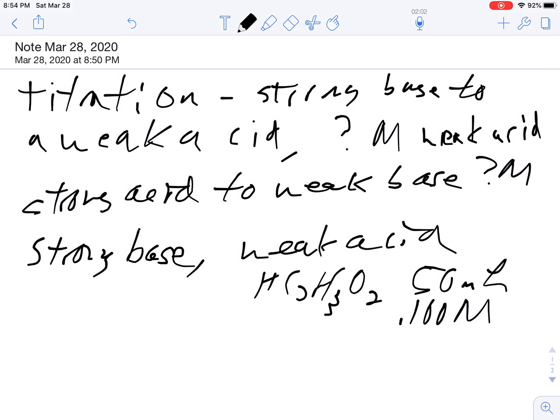I'm going to titrate with my strong base, and the strong base that I'm going to use is sodium hydroxide, and the concentration I'm going to use is, let's use a different concentration.